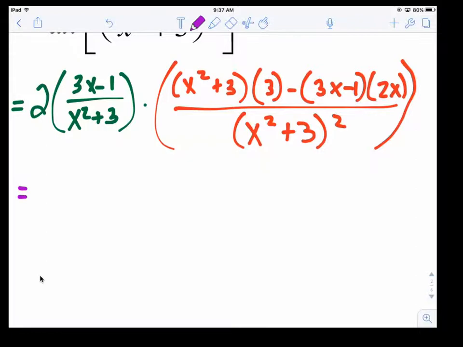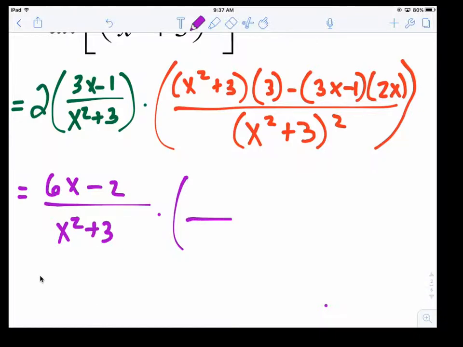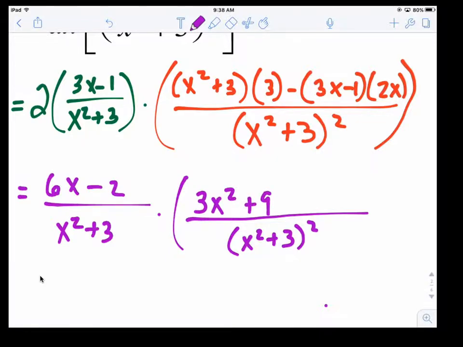All right, we'll do the 2. So we'll have (6x minus 2) over (x squared plus 3) times... now I want to clean up the top. So (x squared plus 3) squared. If I clean up the top, that gives me 3x squared plus 9 minus 6x squared plus 2x.